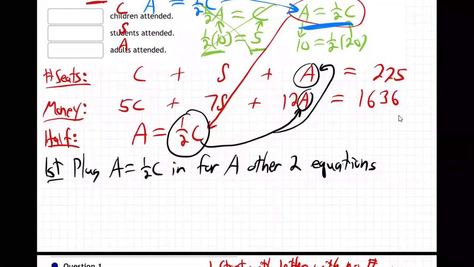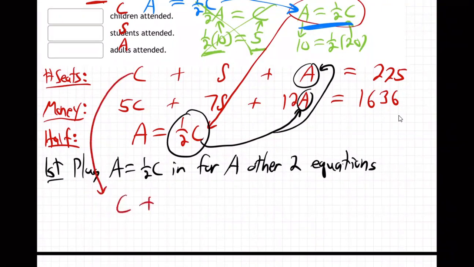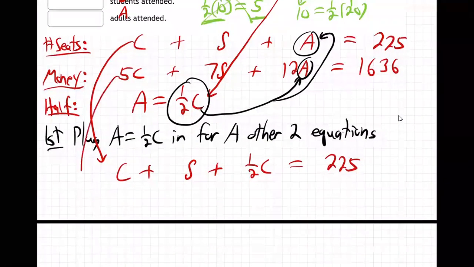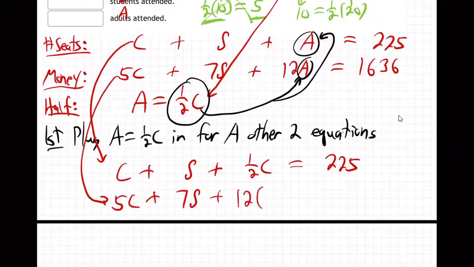Let's rewrite what we got when we do that. This top equation will become C plus S plus, and then A is a half C. You good there? And then the second equation, 5C plus 7S plus 12A, and what's A?